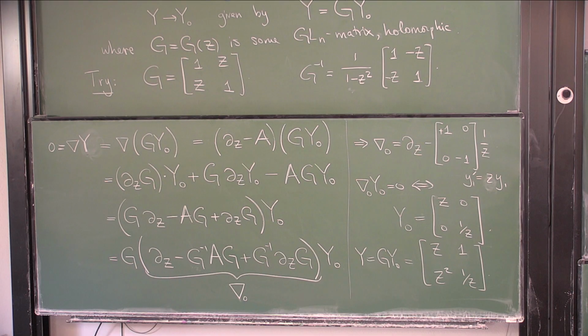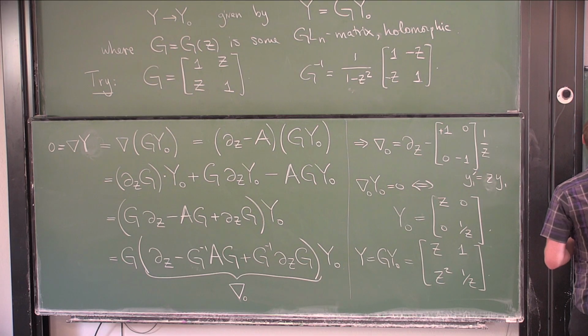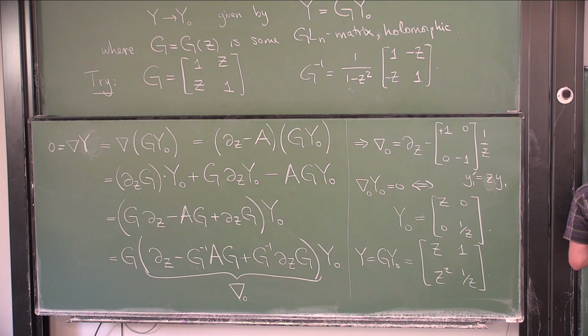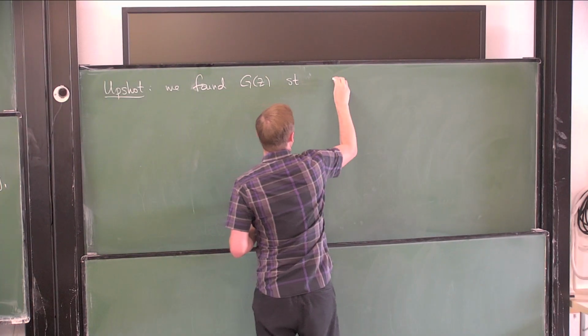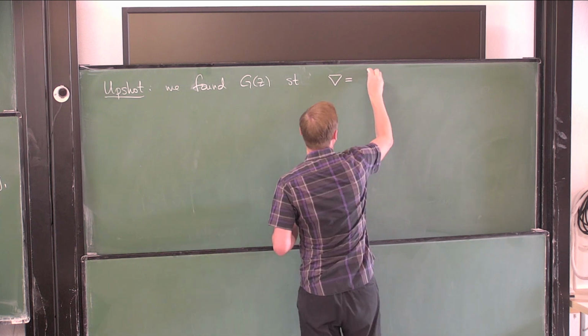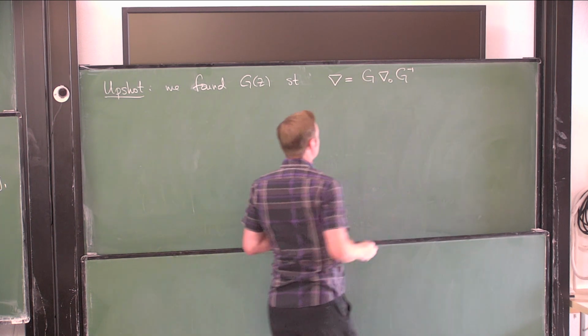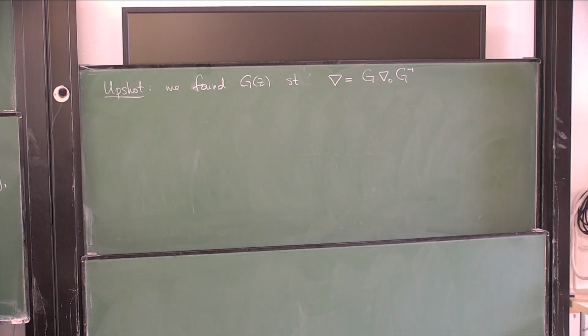So the upshot is that we found this matrix G such that we were able to write nabla as essentially a conjugation.